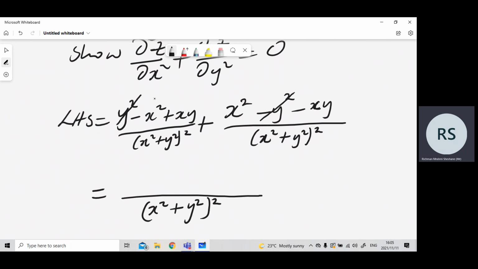And then we have minus x squared plus x squared, it will be 0. And then this xy minus xy will also be 0. So everything will be 0 in the numerator. So 0 divided by anything is 0, which is equal to the right hand side.